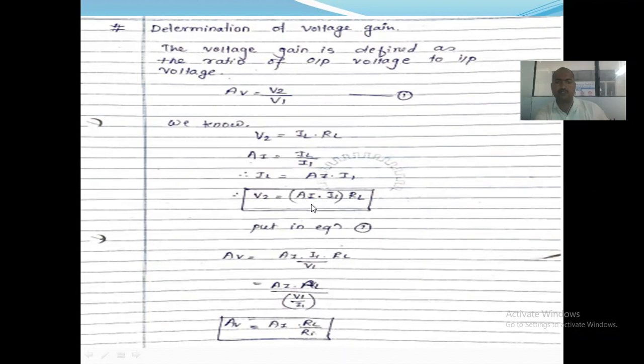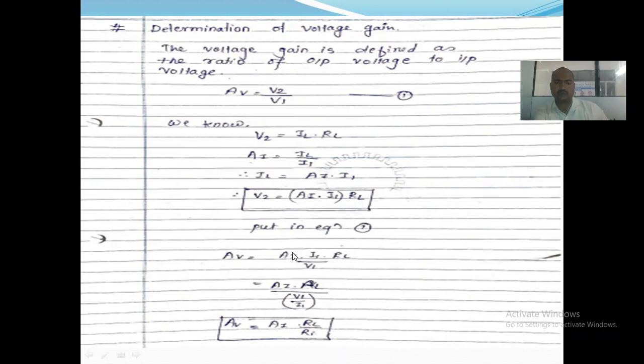Now put the value in equation number 1. AV equals V2 by V1. In this, put the value of V2, which is AI into I1 into RL, divided by V1. This is the value of voltage gain.